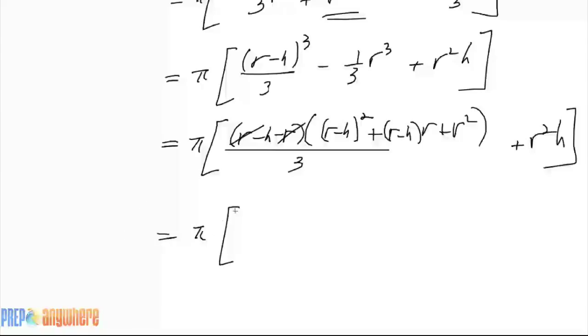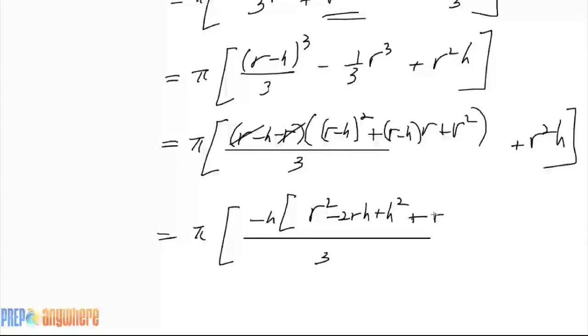Now let's clean up. What do we get inside here? r squared minus 2rh plus h squared, plus r squared minus hr, plus r squared. There's still quite a bit of expansion.